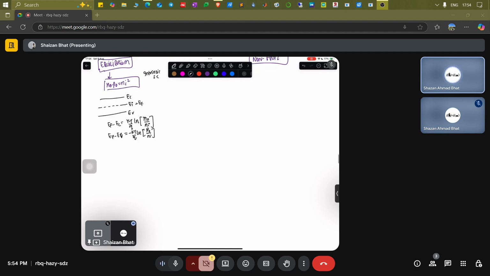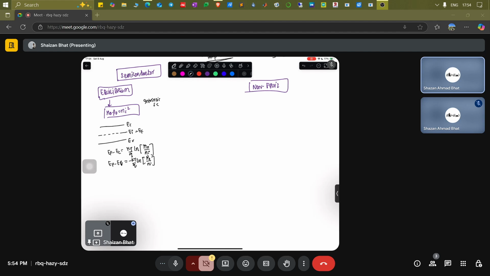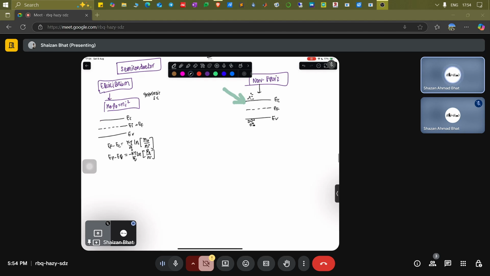Now, in the highly non-equilibrium case, what happens? Let's say you have a semiconductor, earlier in equilibrium, with the Fermi level here. Now you shine light on the semiconductor. It generates extra electron-hole pairs. Now n naught p naught is no longer equivalent to ni squared, so this is no longer valid.